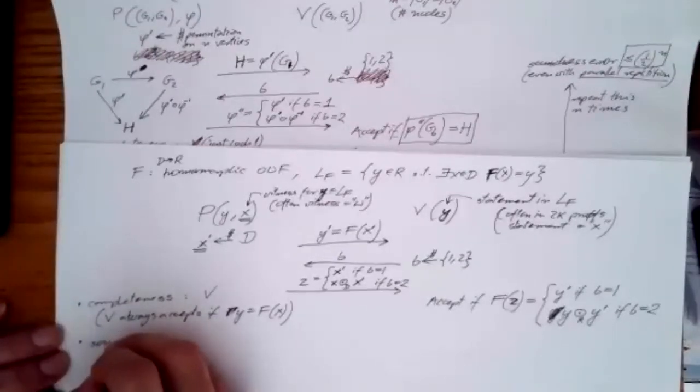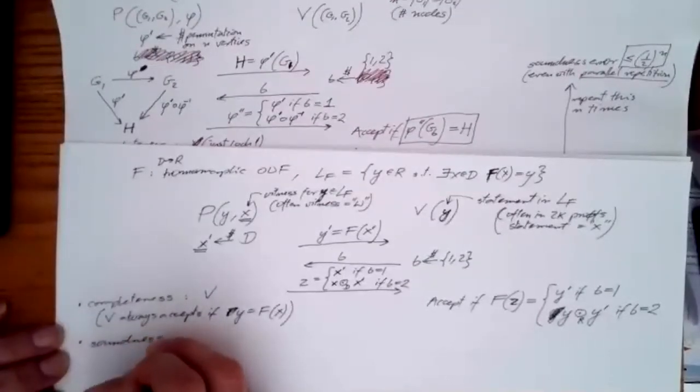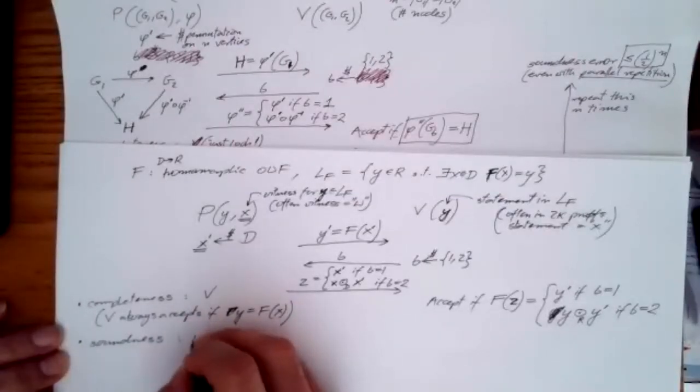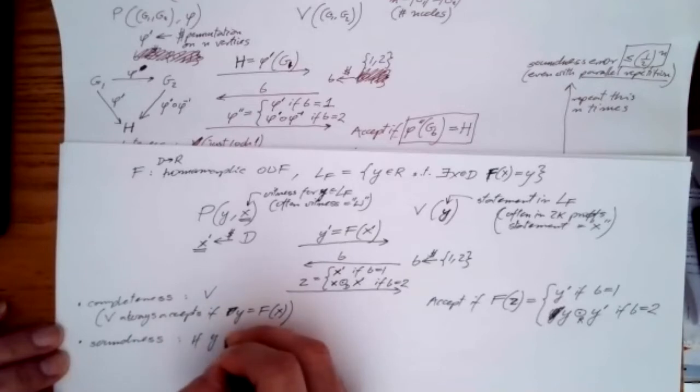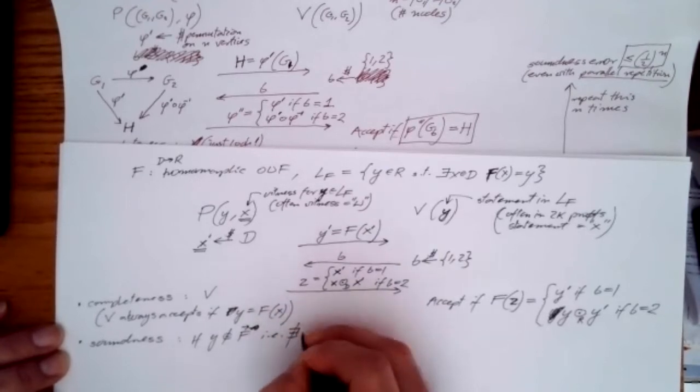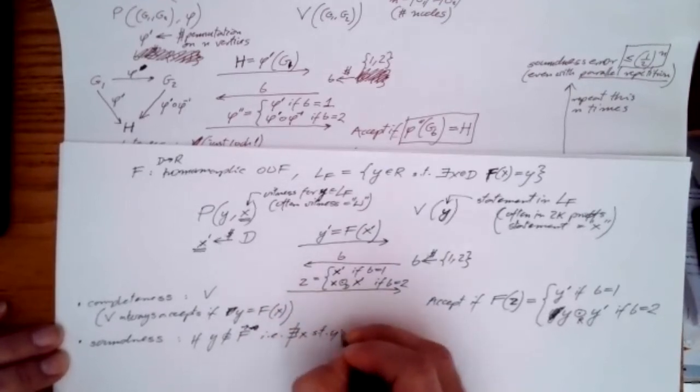Let's see soundness. So if y is not in the image of f, i.e. there is no x such that y is f of x.